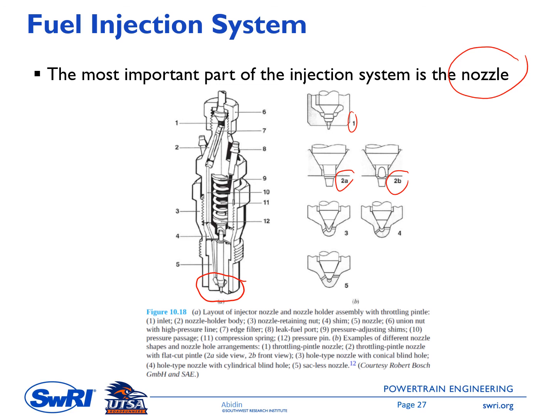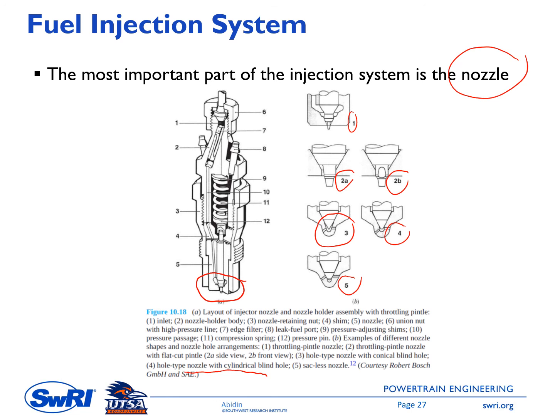Number 3 is a hole type nozzle with a conical blind hole, number 4 is a hole type nozzle with a cylindrical blind hole, and number 5 is a sacless nozzle.